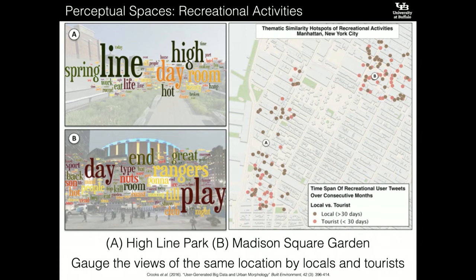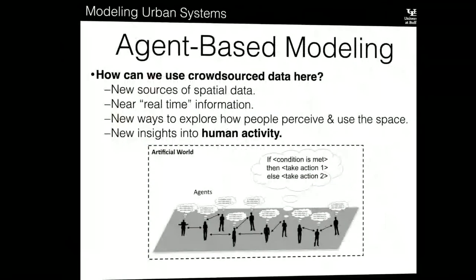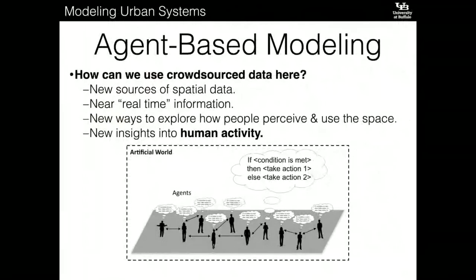We can mine that data, just perceptions of the world around them, not necessarily the authoritative space definition by, say, the New York City government, but the space being defined by the people actually there at that time, say through geolocated social media. So that gives a sense of what one can do with these new sources of information.